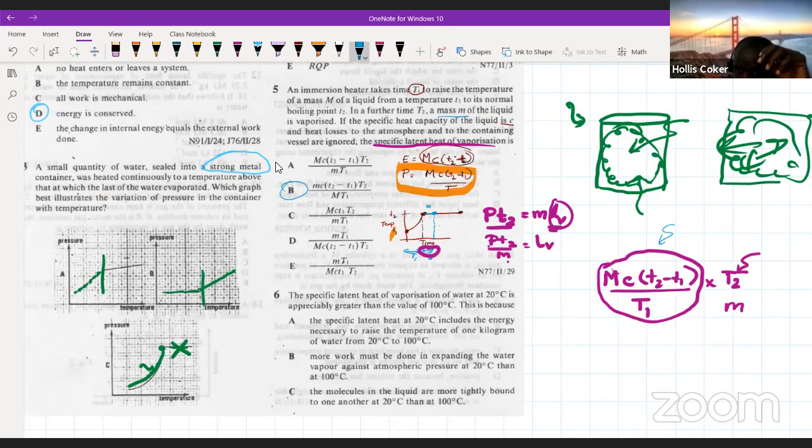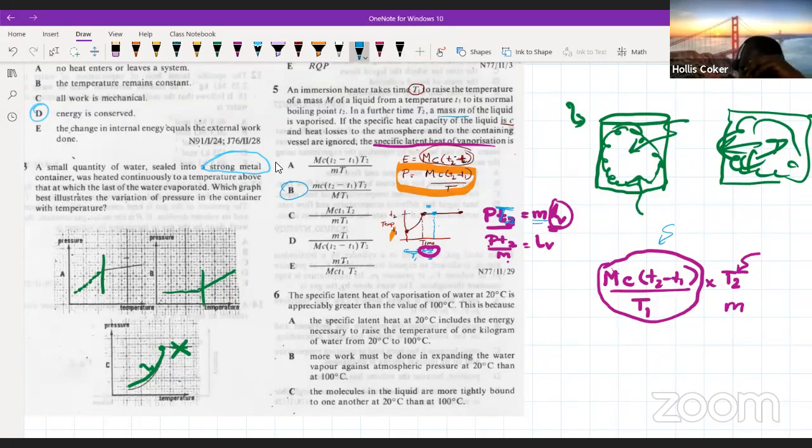Sensible heat. Then the latent heat, in the second phase, that power is left for T2 seconds. So power by T2, this is capital T2 here. Power by capital T2 will be the energy supplied in vaporizing m kilograms, and the energy to vaporize is m by LV.